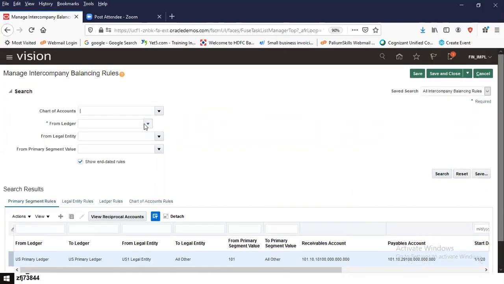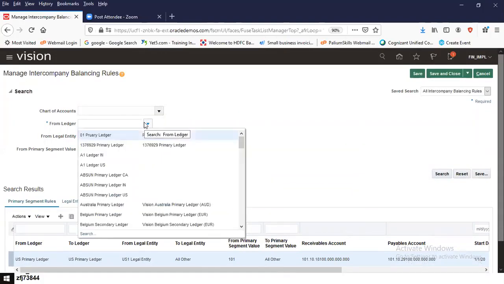So let's say we have the US primary ledger as the from US ledger.